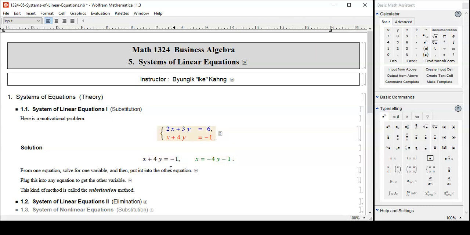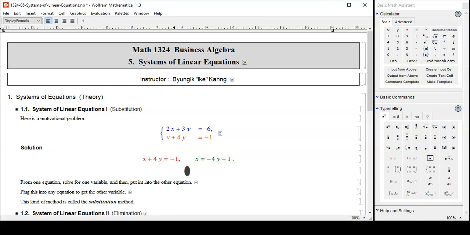So if I put it back into this red without using the blue, then I'm not going to get anything. I'm going to get negative 1 equals negative 1. That's not going to help. So let's put it into the original equation, blue. 2x plus 3y equals 6.